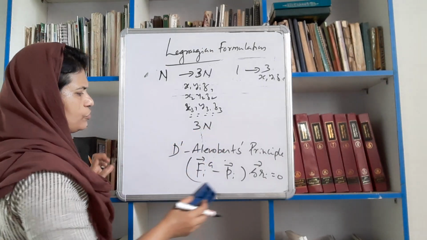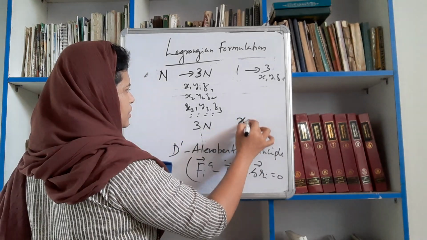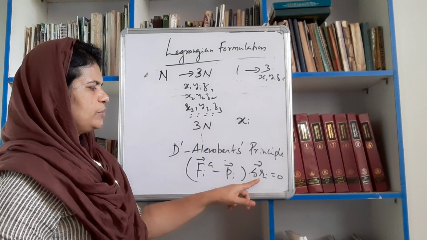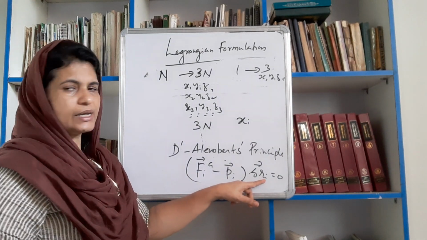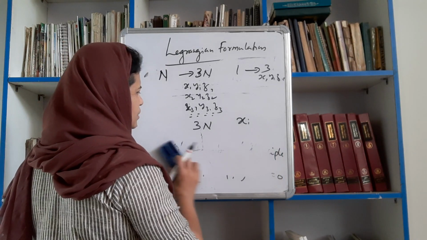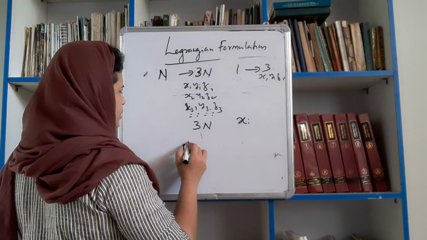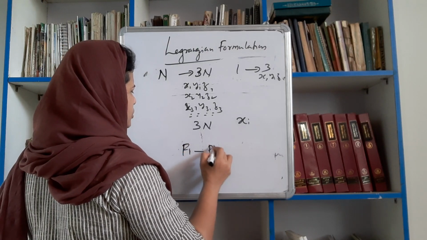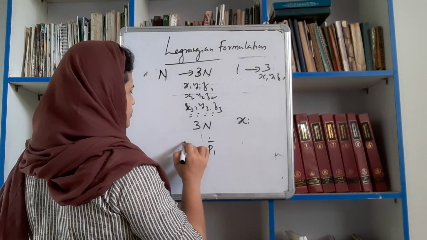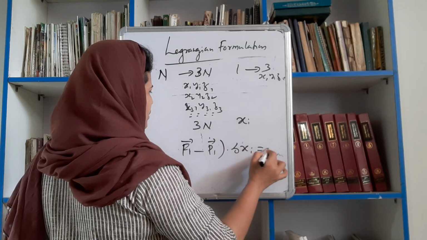Therefore we can write xi instead of the dot delta Ri. Here delta Ri means delta xi, delta yi, delta zi. Instead of that we can write Fi minus Pi dot, times delta xi, is equal to 0.